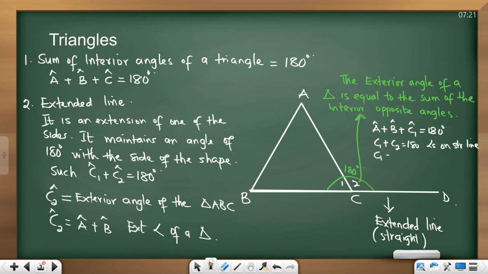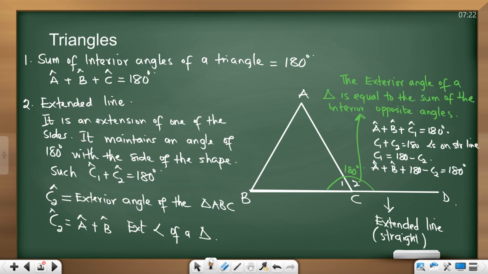So C1 is 180 minus C2. If I then take that C1 and throw it in that equation, angle A plus angle B, now instead of writing C1, I would write 180 minus C2 equals 180 degrees, right? So we throw it back in the first equation there.